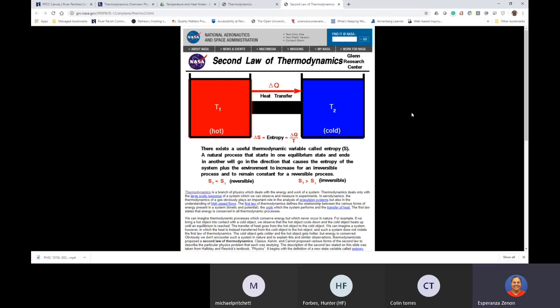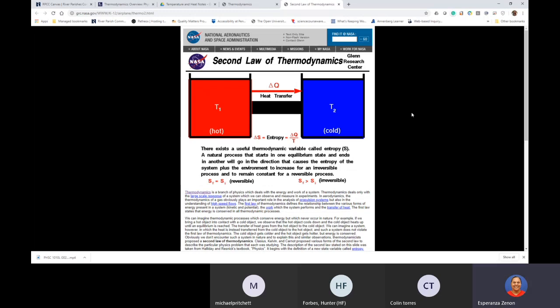So heat goes from hot to cold naturally, and that's irreversible. There's no natural process where heat goes from cold to hot. You have to make that happen. Okay. And so during these natural processes, entropy increases. The final entropy of your system is going to be bigger than the entropy you started with. So what is it saying? For these irreversible, or natural processes, the chaos in the system automatically increases.